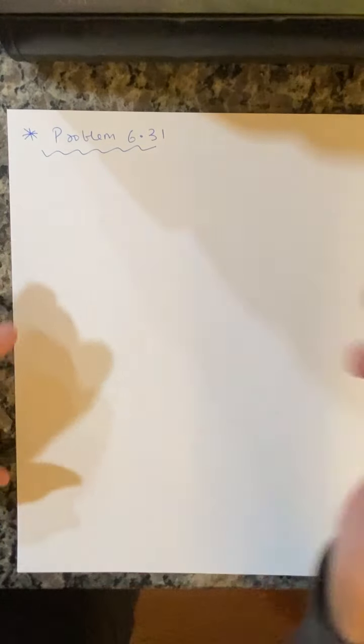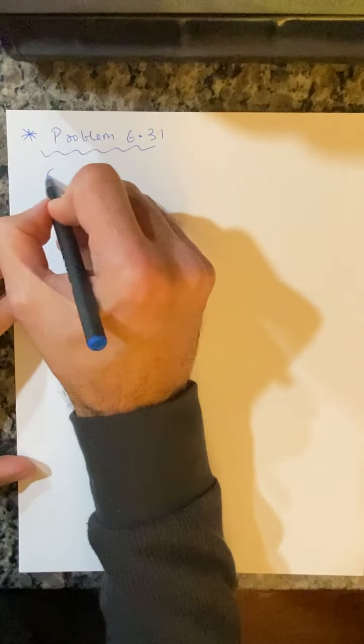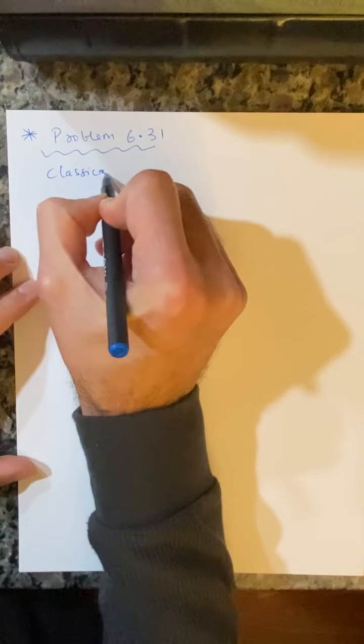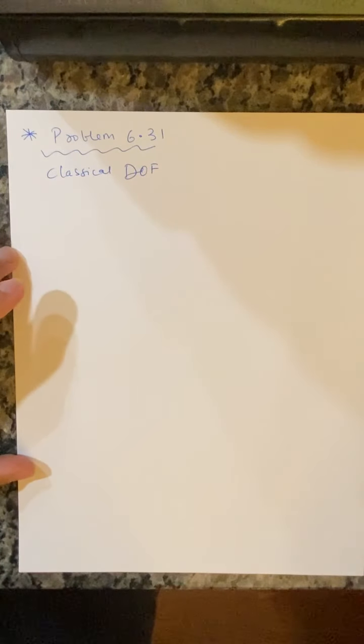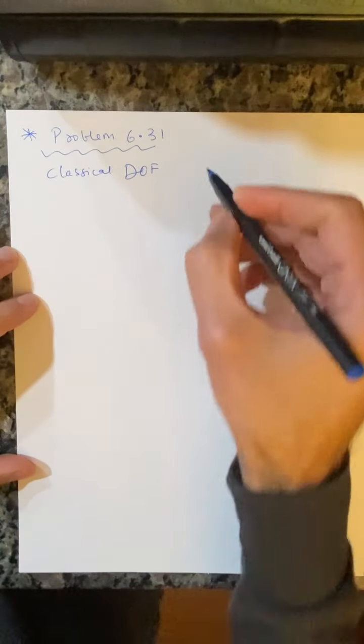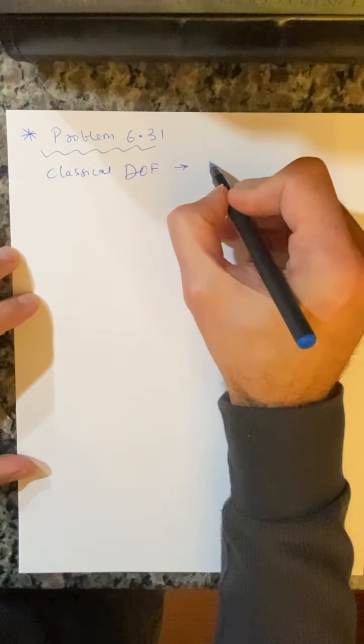What the problem is saying is pretty similar to what we did in the class. I'm just trying to reinforce this whole derivation. The problem states that consider a classical degree of freedom, a classical DOF, that is linear rather than quadratic.